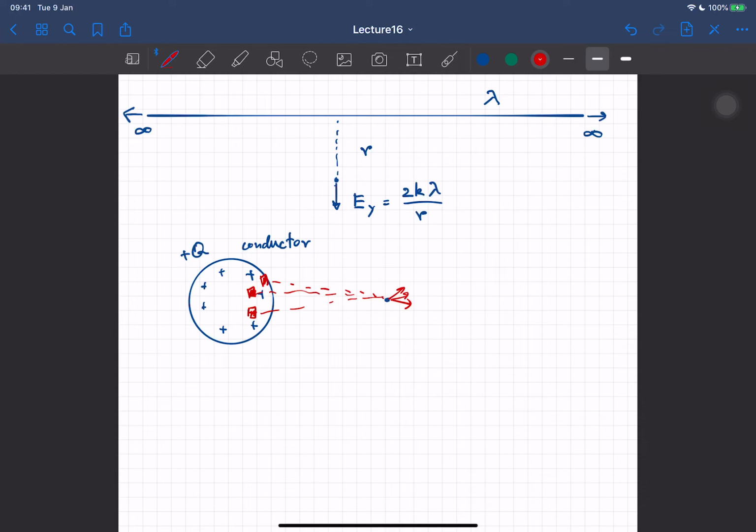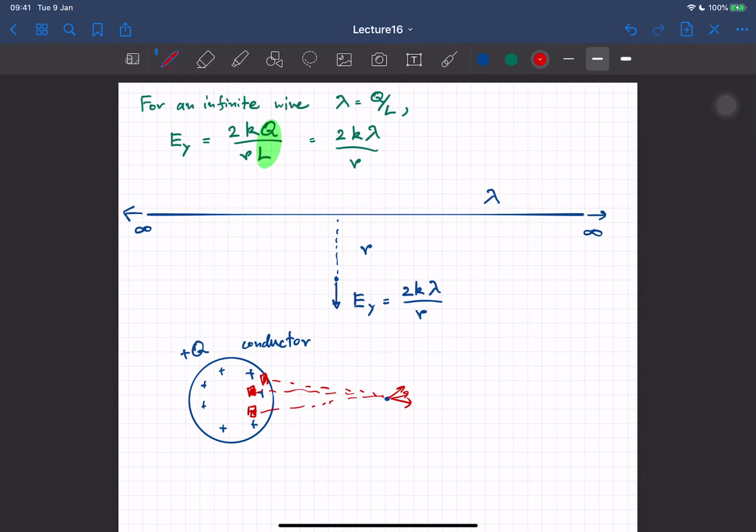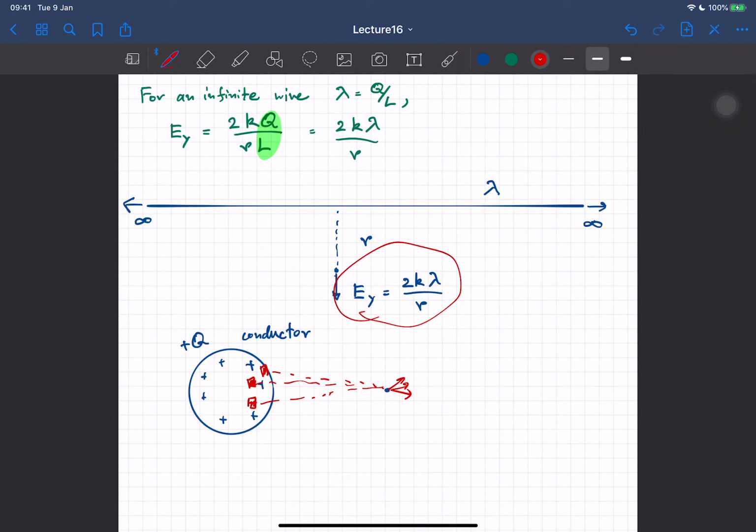Whether it's easy to integrate or calculate or not is a different question, but in principle, this is how you do it. For this particular case, when the wire is infinitely long, we have this expression, but in order to get this, you need to integrate and then take the limit. So after the break, I'm going to talk about what we call Gauss's law, and we're going to obtain this solution without having to go through the whole exercise in mathematics.